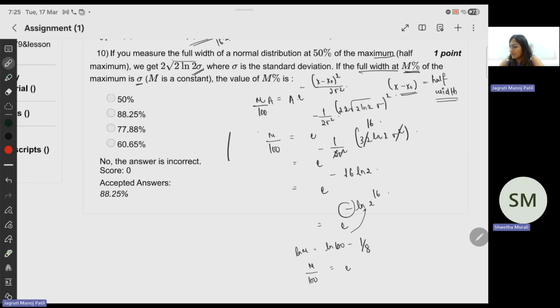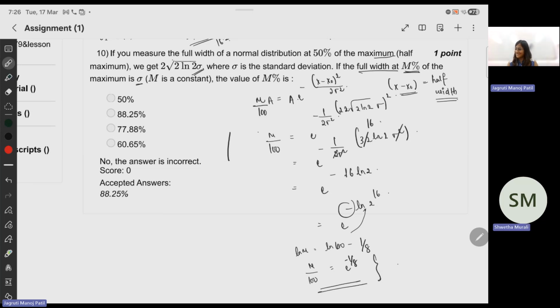So m will then be e to the power ln 100 minus 1 by 8, and I got 88.249. Okay, makes sense. Is this minus, or this one too? Where is the minus sign? Yeah, here. Okay, glad you got it.